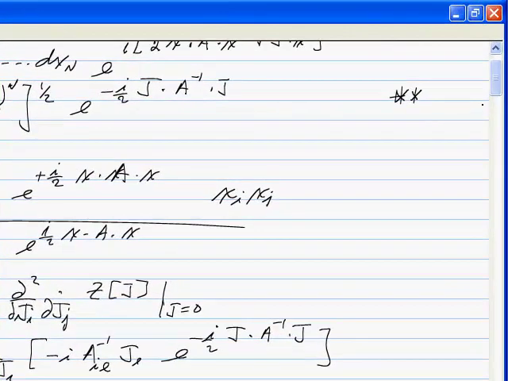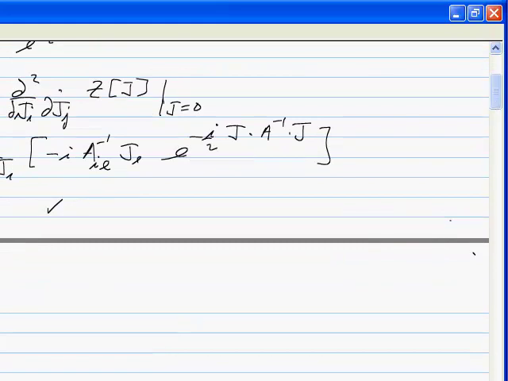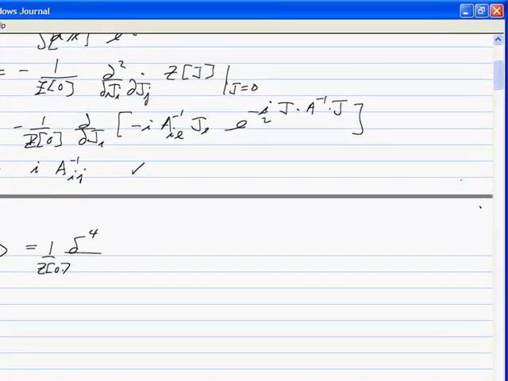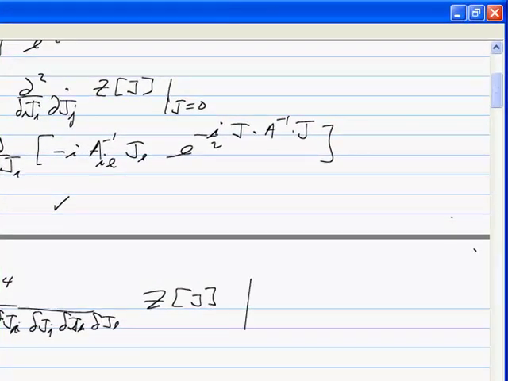Okay. Likewise, maybe I shouldn't spend time doing it, but if I wanted to take the average of xi xj xk xl, that would be delta to the 4th over delta ji, delta jj, delta jk, delta jl, of z of j, times 1 over z of 0, then set j equal to 0 at the end.